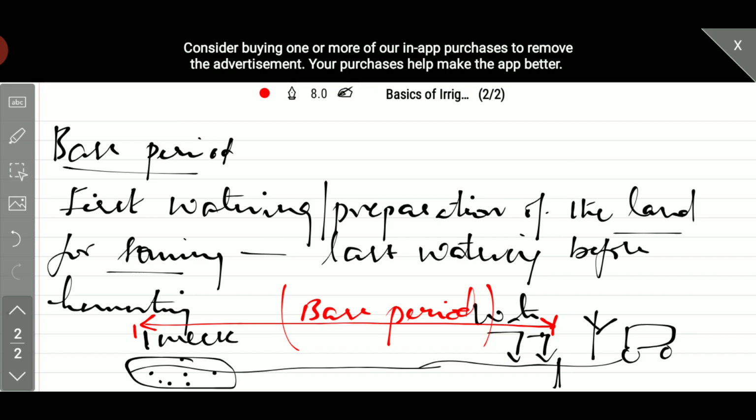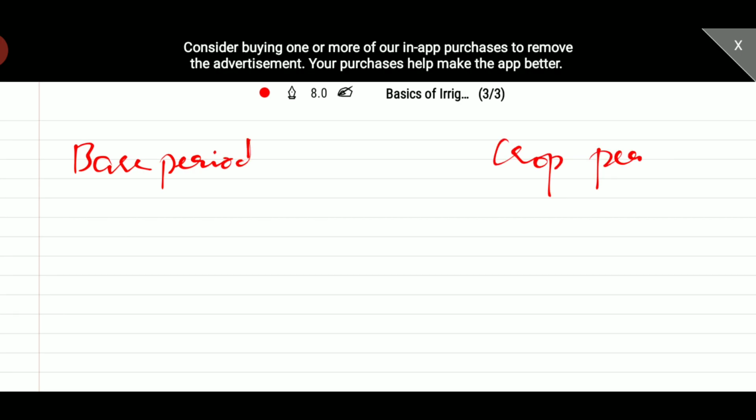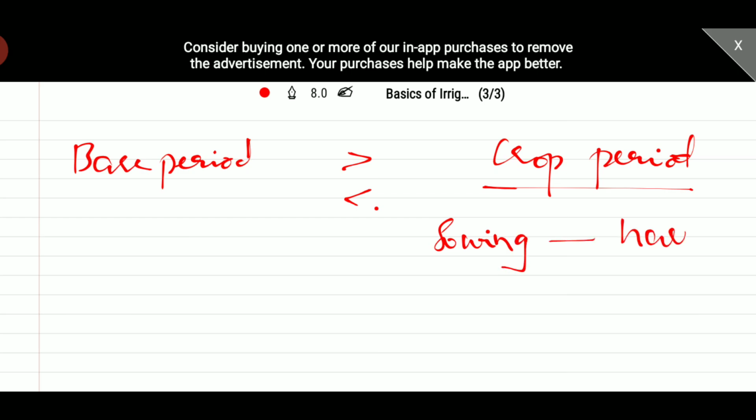So we will compare these two now: base period and crop period, which one is greater or which one is lesser. What is meant by crop period? This is the period during which the crop remains on the field, that means from the sowing of the crop to its harvesting, right?